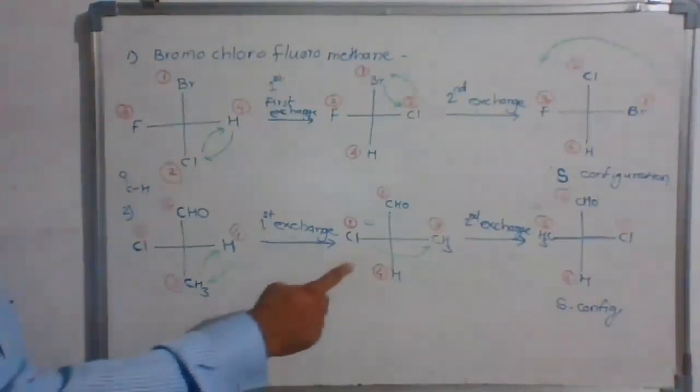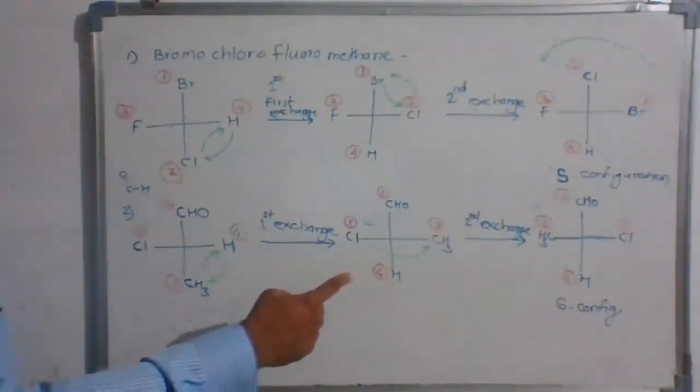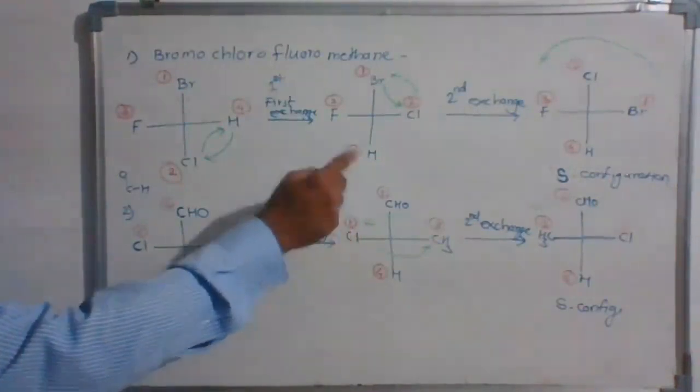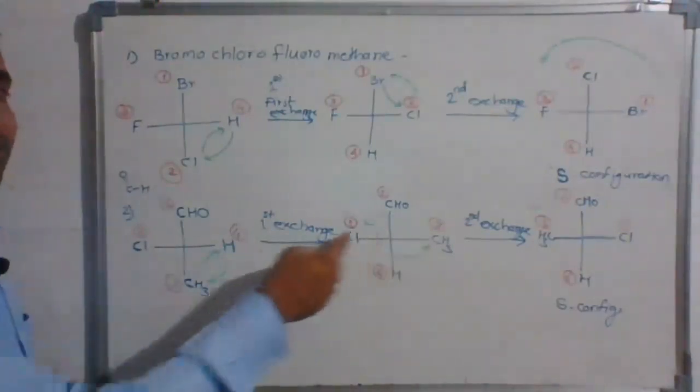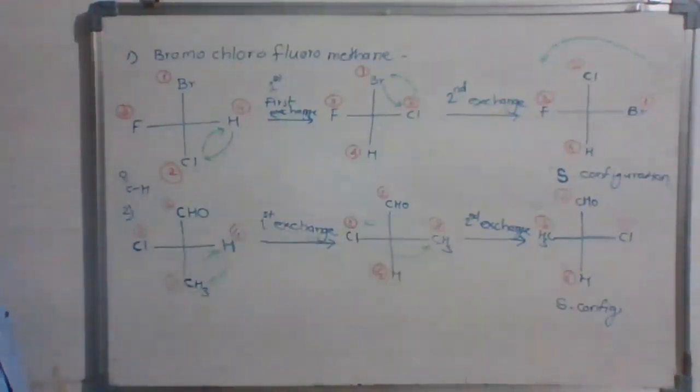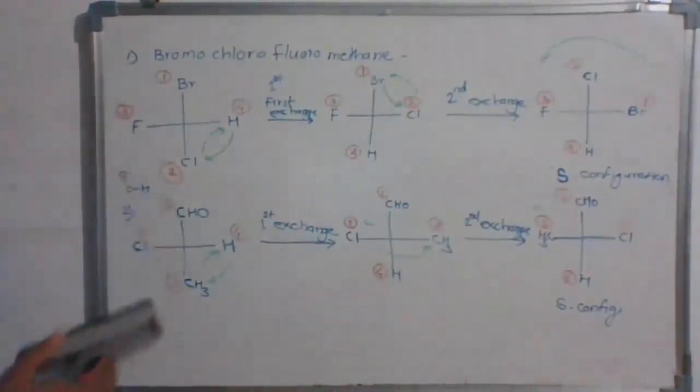Take into account this situation when the group to be exchanged is already at its position, then we do the exchange of horizontal groups. Okay, next example we can discuss now.